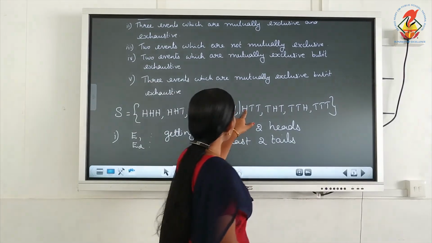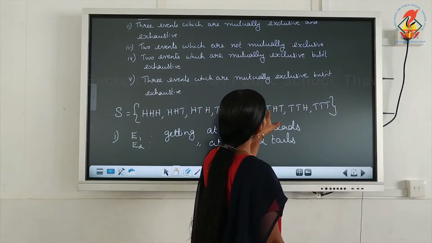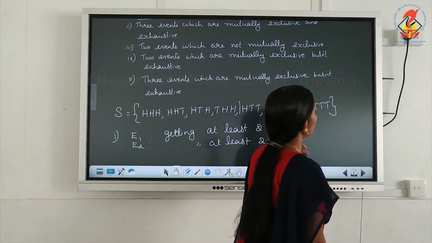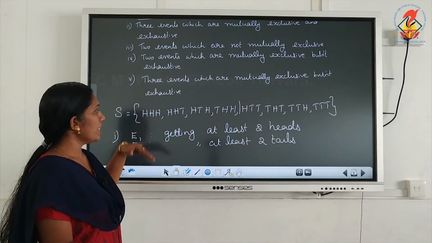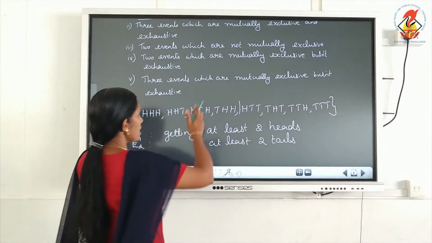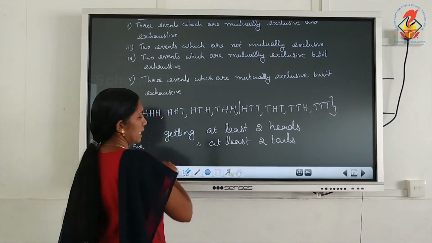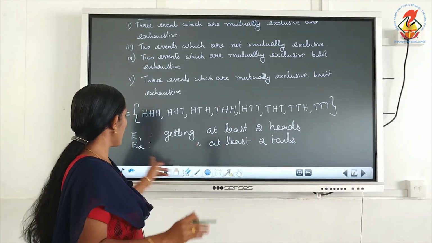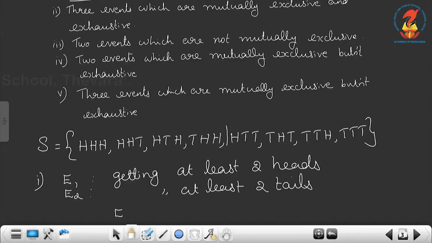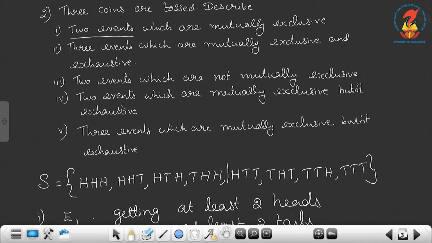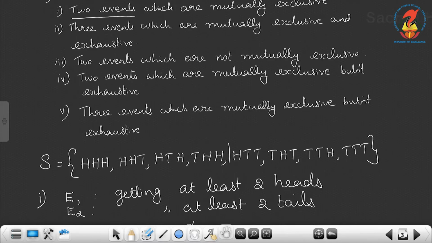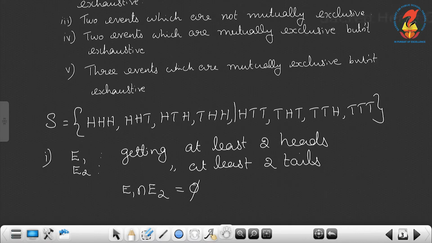So here look, this fifth case, 2 tails, 2 tails, 2 tails, and here 3 tails. Now what is their intersection? The first 4 are in E1, the last 4 are in E2. So E1 intersection E2 is equal to the null set. They are mutually exclusive. So this is one particular example.